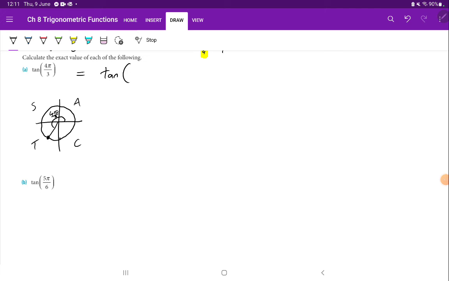Alrighty, because we're in the tan quadrant, tan is positive, and that means that we just need to work out the reference angle. Well, we've traveled pi on 2, so we just need to work out that reference angle, which is this one here. So it's going to be 4 pi on 3 minus pi, which is going to be pi on 3. If you're unsure about any of this fraction magic I'm doing, you can do the fraction stuff slowly.